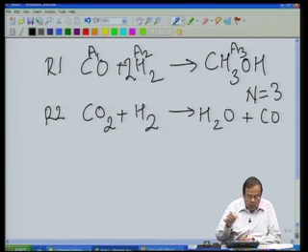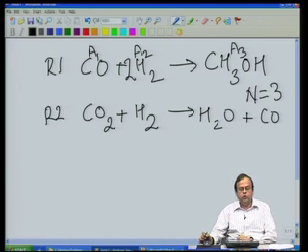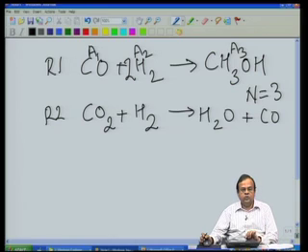So, now I have two reactions which are possible, and both reactions are possible simultaneously. This is now a case of multiple reactions, which is what actually happens typically in any real chemical reactor. You hardly ever have a single reaction. So, you have multiple reactions.